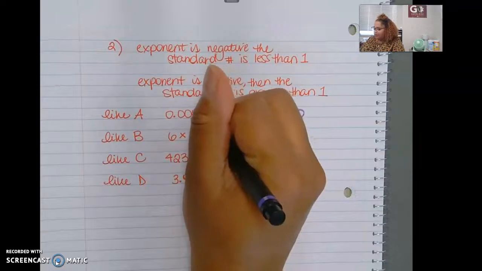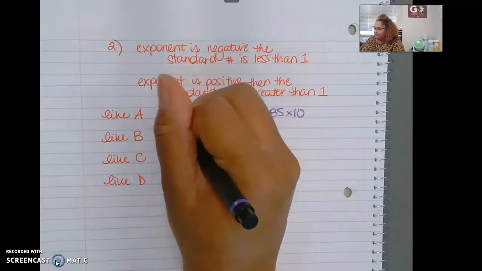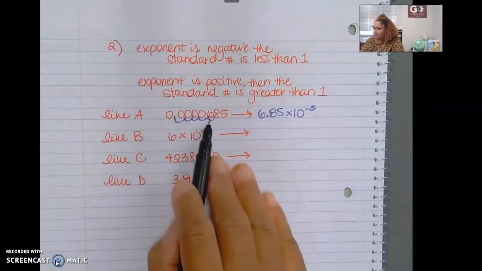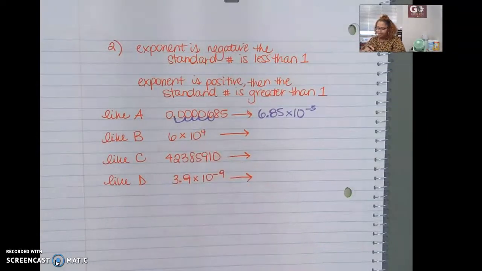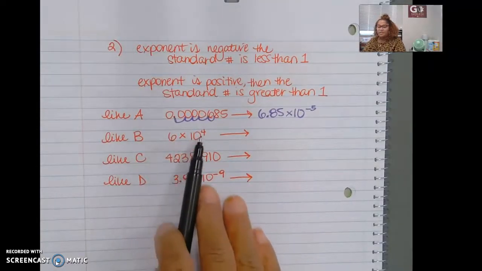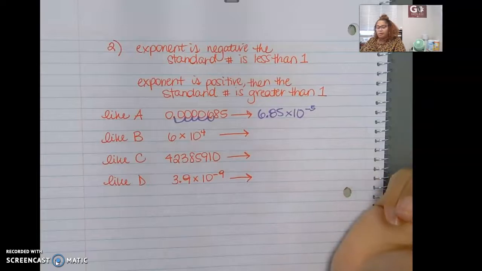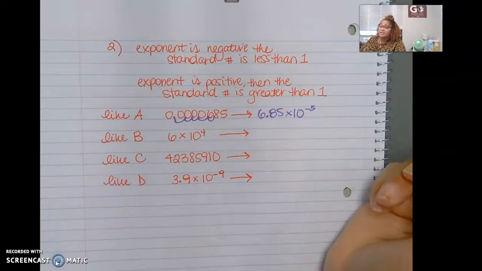Let's count. 1, 2, 3, 4, 5. To the negative 5. Count the zeros and the one place that you put between 1 and 10. This one, 6 times 10 to the 4.